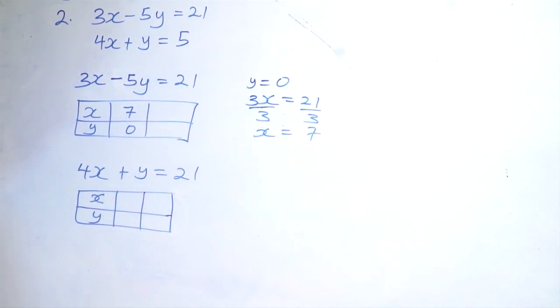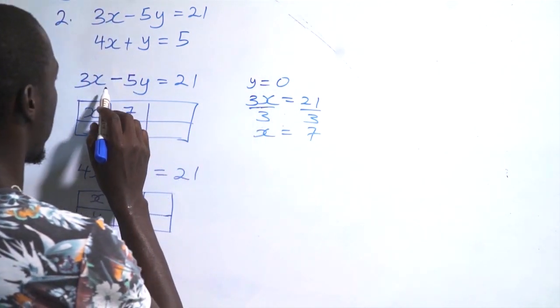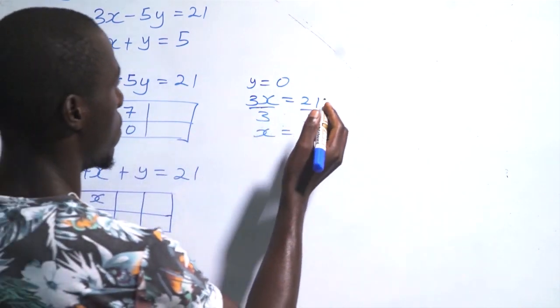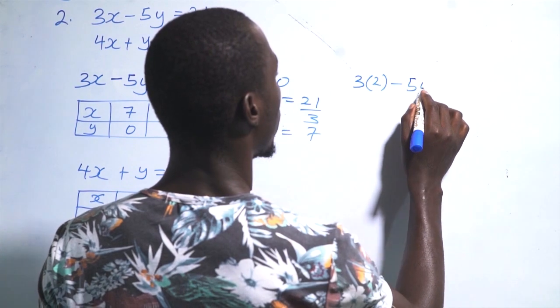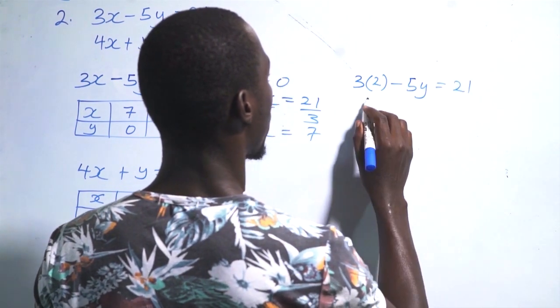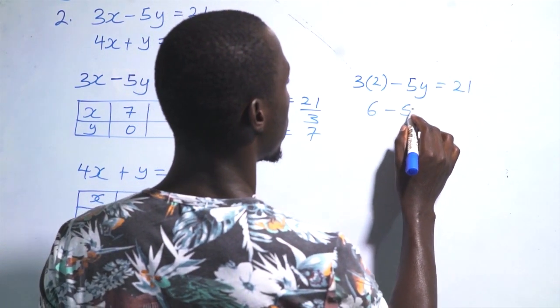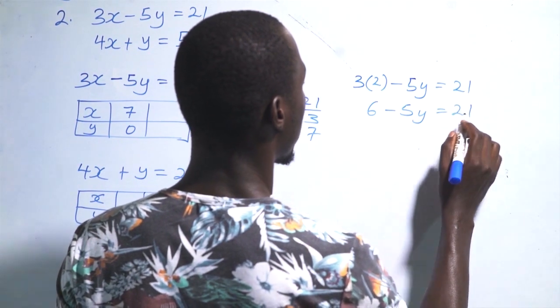Now, because I want to get a y value again, suppose I take my x value to be 2. Substituting, that is 3 into 2 minus 5y is equivalent to 21. When I multiply here, it's 6 minus 5y is equivalent to 21.